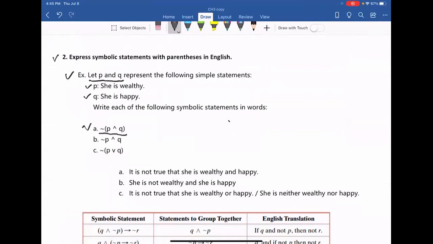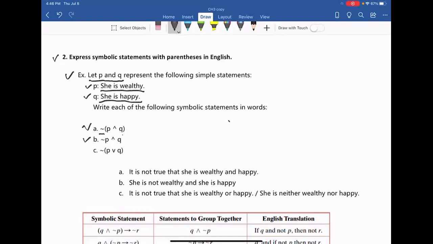This means it is not true, a negation of the statement. So it is not true that P and Q. What is P? It is not true she is wealthy and she is happy.